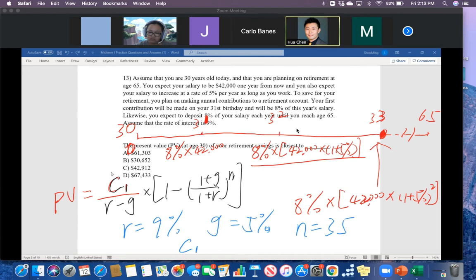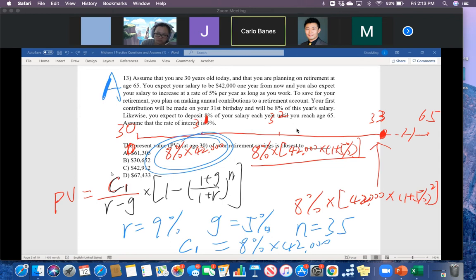Actually, we already know C1, how much money you deposited in your account when you're 31 years old, which is exactly this one: 8% multiplied by 42,000, right? So we have all the information to calculate the present value. Okay, so the correct answer is, let me check, A.